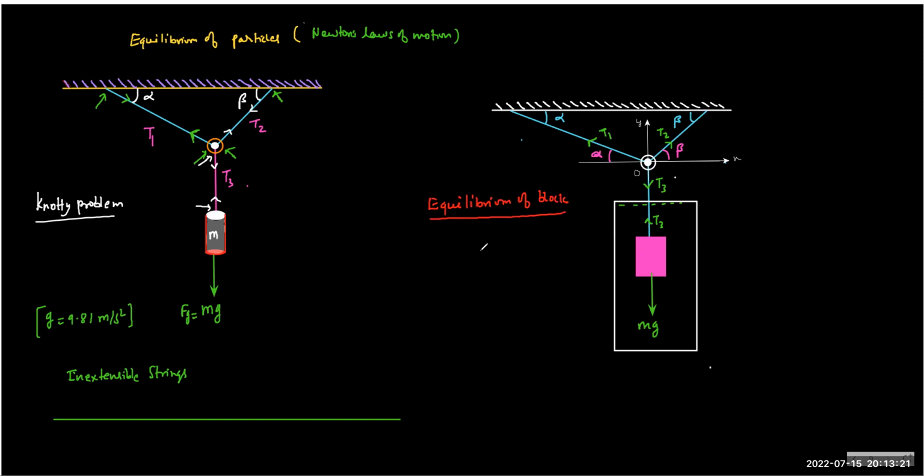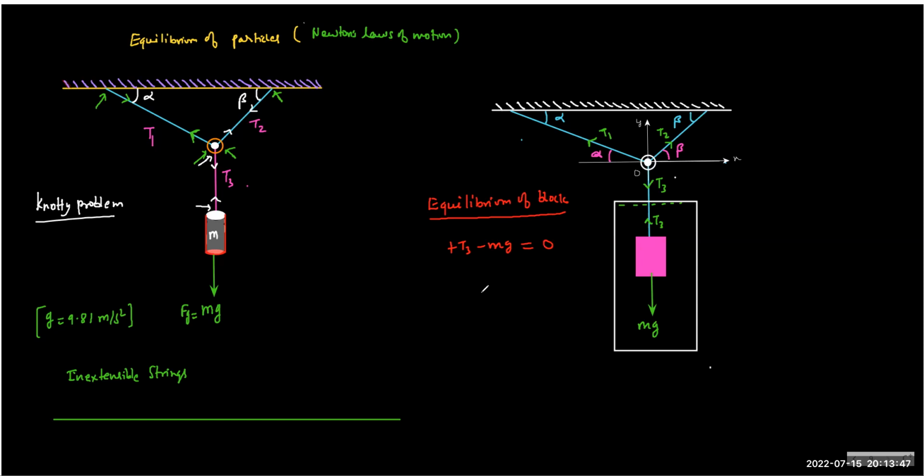And the block is under the action of just two forces. Because these are balancing each other, can we write, and do you see all forces are in the vertical direction? So I can take T3 as positive and mg as negative because it's acting downward, and the sum of these two must be a null vector or 0. Am I right, guys?